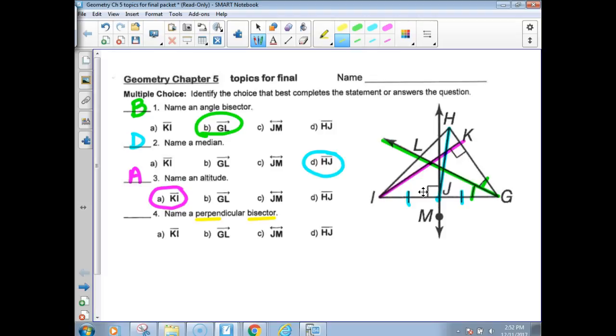If you know the vocab, you should be able to figure it out. Perpendicular, right angle, cuts a side in half. So it's got to be whatever that is. Some kids seem to think it's going through H. Is that actually hitting the point H? No. So find two more letters on it. The J and the M. Okay, so it's line JM.